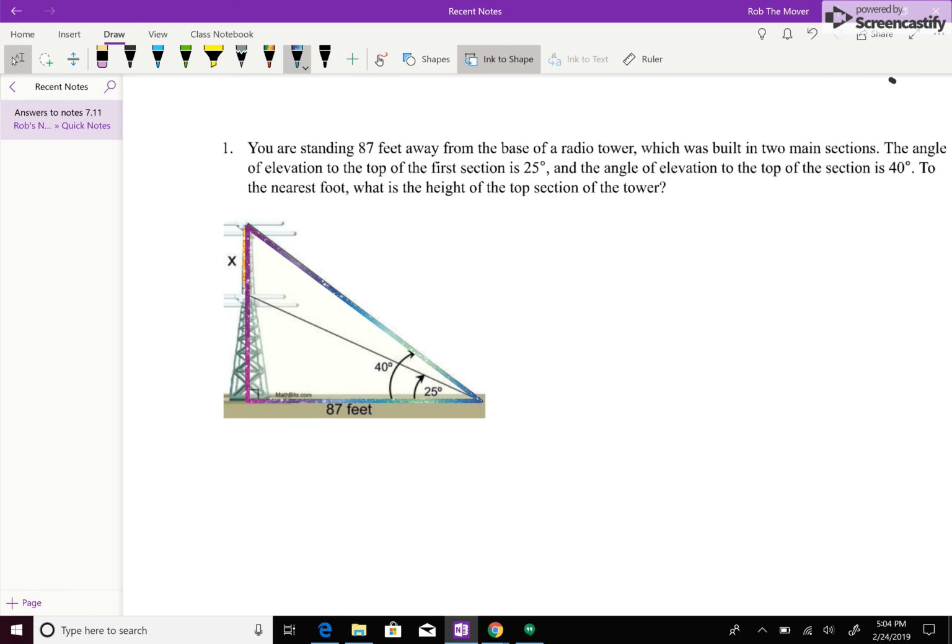And there's another right triangle. Let me outline that one. That one's a little bit harder to see. Maybe I could highlight it and see how that one goes. I didn't like that ink to shape.